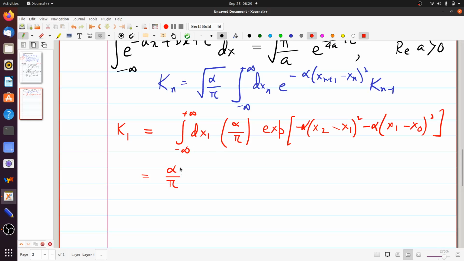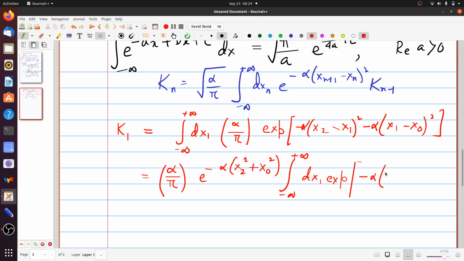So let's take all the constants that we can find, and multiplicative constants can of course be pulled out of the integral. One such factor of course is alpha by pi, and in the exponent itself, if we expand it out using our old favorite formula, (a plus b) whole square or (a minus b) whole square, we get this result. x2 square plus x0 square can be pulled out from inside the exponential, and then you are left with the integral from minus infinity to plus infinity dx1 of the exponential of minus alpha times... Now let's gather all the terms together.